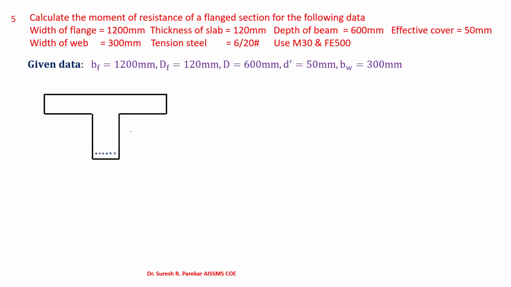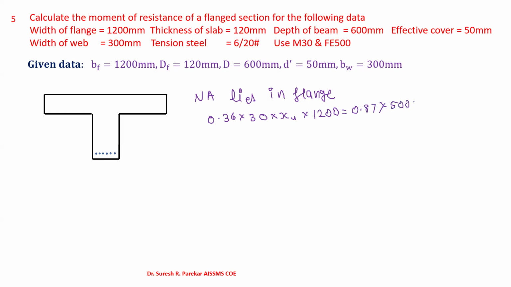So given data we have. Now I will directly go, neutral axis lies in flange, and still is less. So definitely we are very close. We will check if 0.36 fck Xu into Bf is equal to 0.87 fy and Ast we have 1884.96.